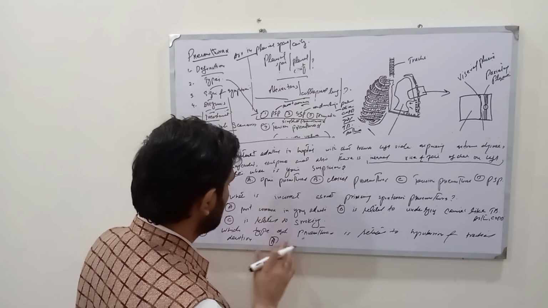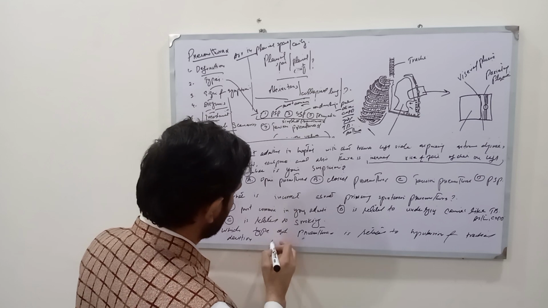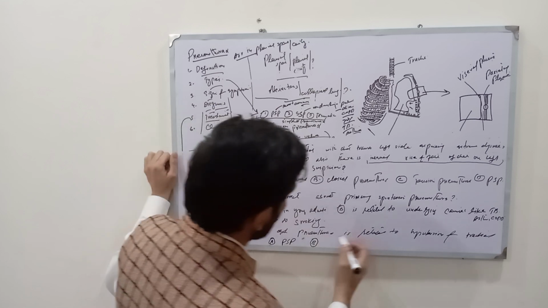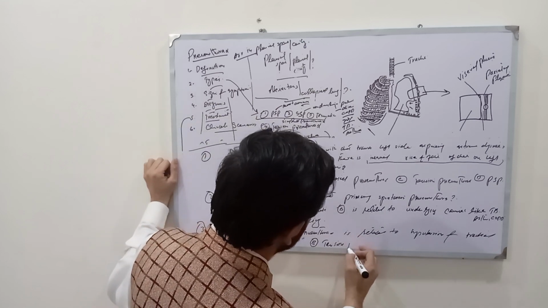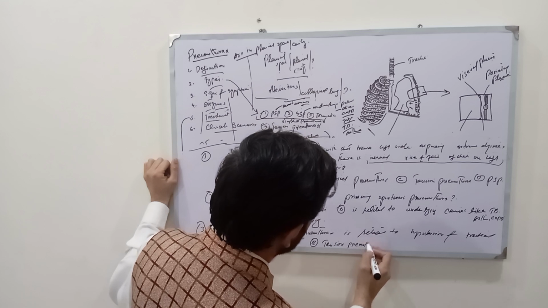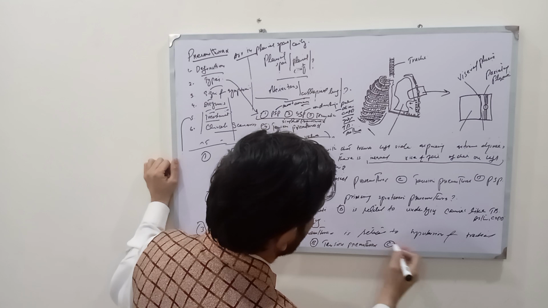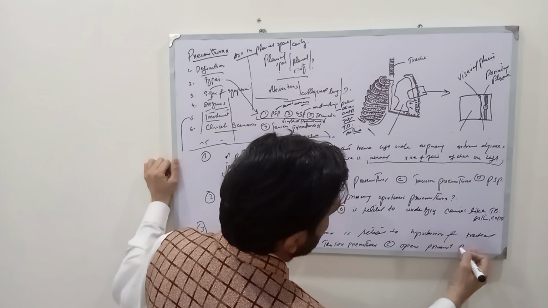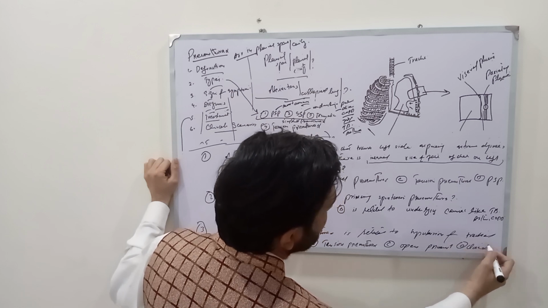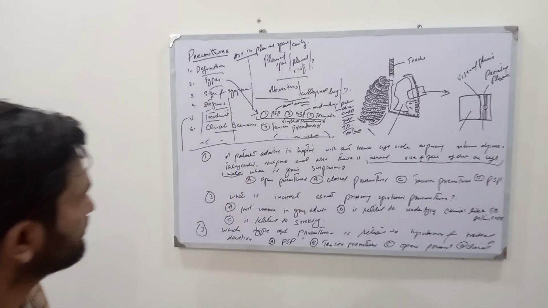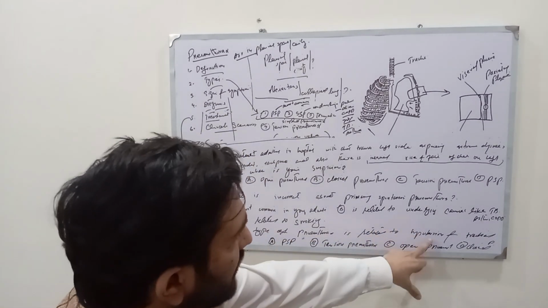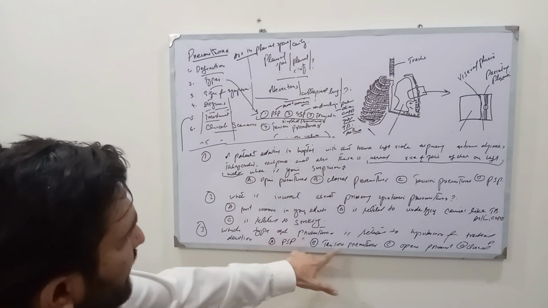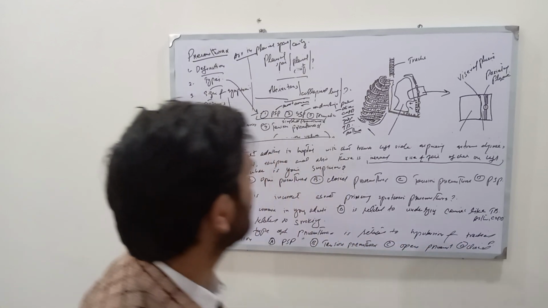Primary spontaneous pneumothorax, tension pneumothorax, open pneumothorax, or closed pneumothorax. Which type of pneumothorax is related to hypotension and tracheal deviation? Either it is primary spontaneous pneumothorax, tension pneumothorax, open pneumothorax, or closed pneumothorax.